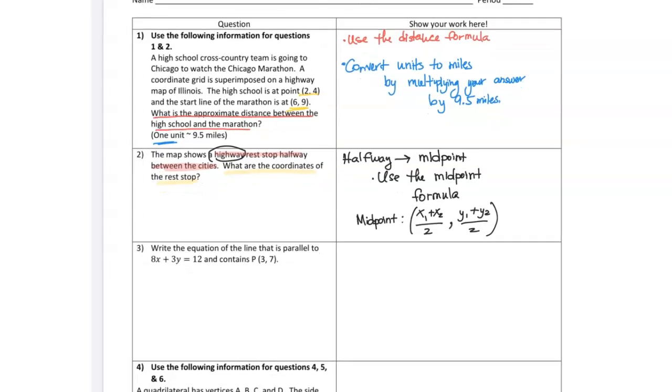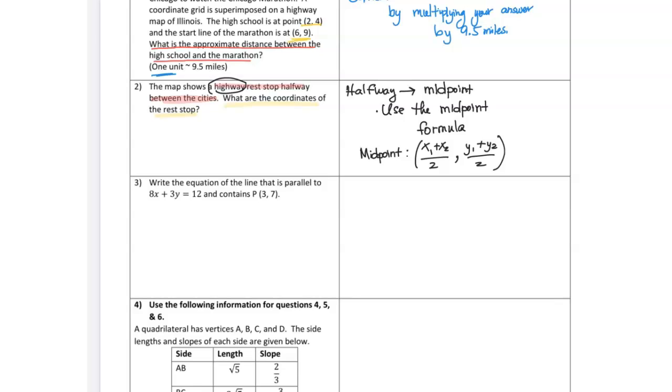For number 3, we're writing the equation of the line that is parallel to 8x plus 3y equals 12 and contains the point (3, 7). Analyzing the problem, you should point out first the word parallel, second the equation they've given us, which is the original equation, and third our point (3, 7) for our new line.